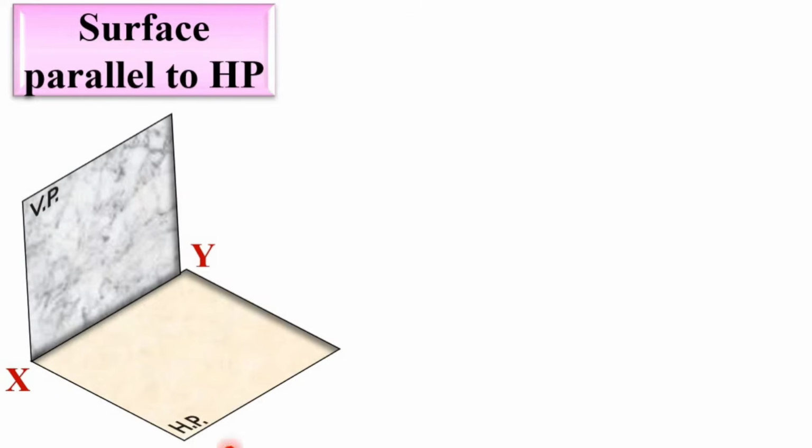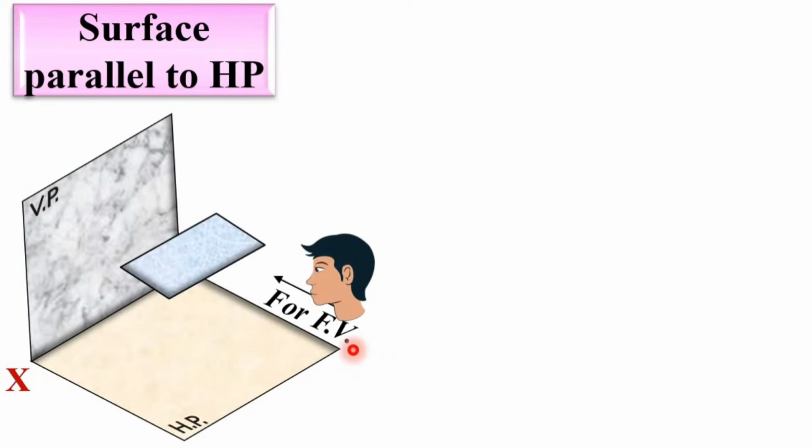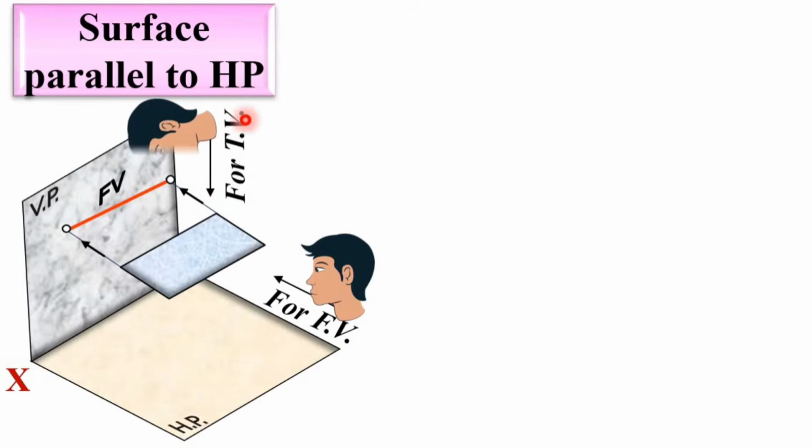Now let's take the first case, surface parallel to HP. If you see the surface that is parallel to HP, that means parallel to the horizontal plane, it will be like this. Now if you see the front view, it will be projected on the vertical plane, and it will be a line on the vertical plane. This is called the front view. Now see the top view, where you can see the true shape of the plane, and that will be the rectangle on the horizontal plane.